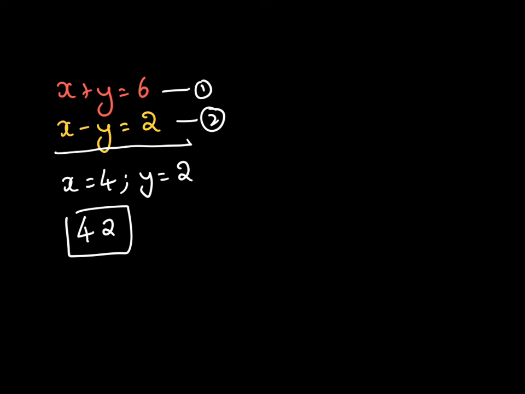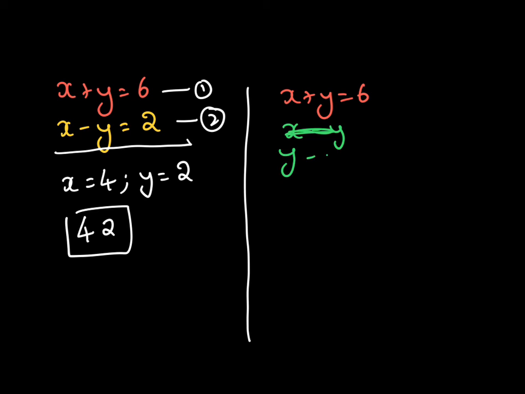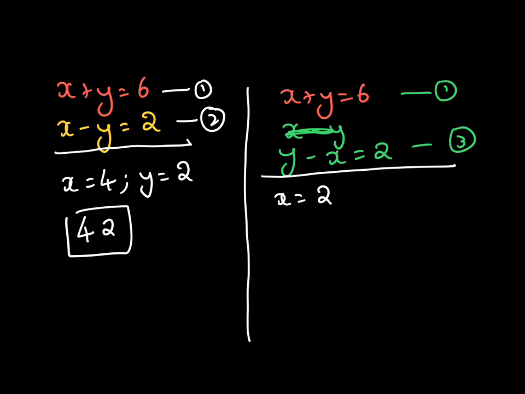If you take the first equation, x plus y equal to 6, and equation 3, y minus x equal to 2, equations 1 and 3, and solve them, you will get x as 2 and y as 4.